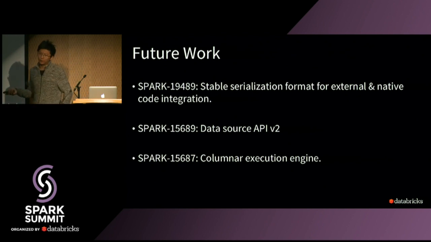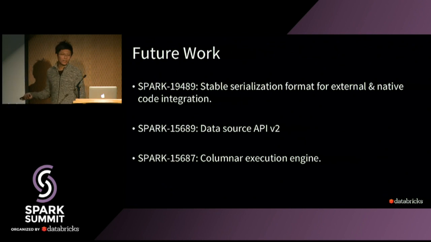What we want to do is to introduce a public columnar format for the data source, because nowadays the columnar format is becoming more and more popular in the big data world. If we can provide a public columnar format for the data source, they can provide a very fast implementation to feed the data to Spark.